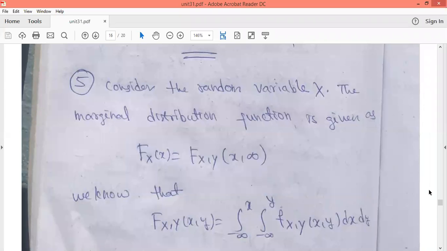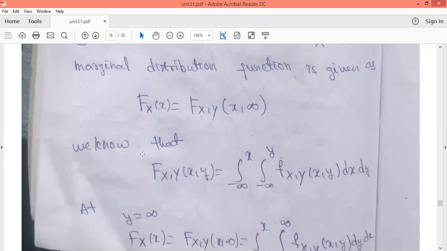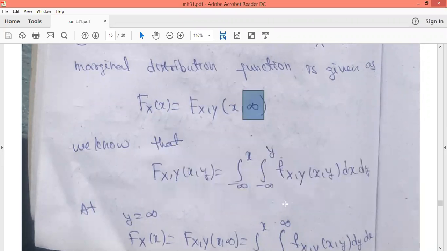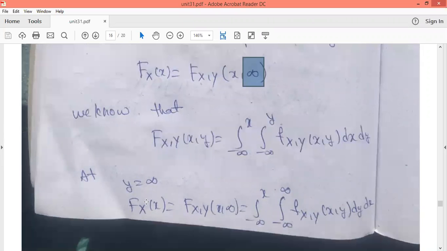We also know the relation between the density function and distribution function: the distribution function is the double integral of the density function. Now what are the y limits here? The y value is infinity, no? So to find Fx of x, the y limits are minus infinity to plus infinity, whereas the x limits are the same. The x limits are minus infinity to x, fxy of x comma y dy dx.